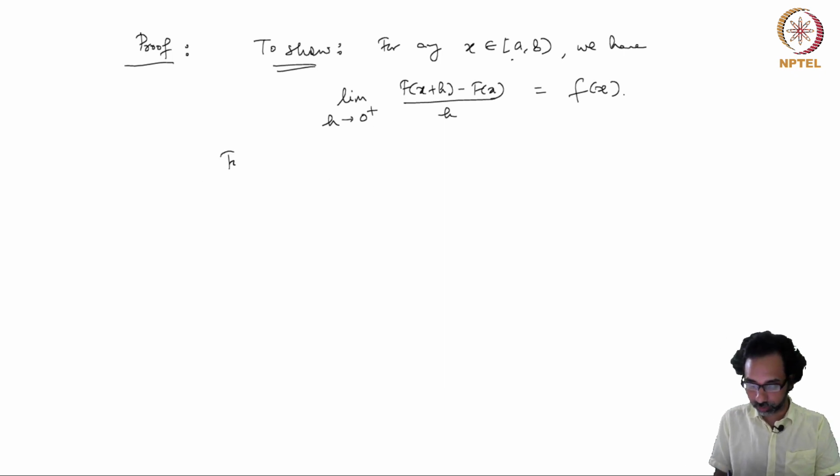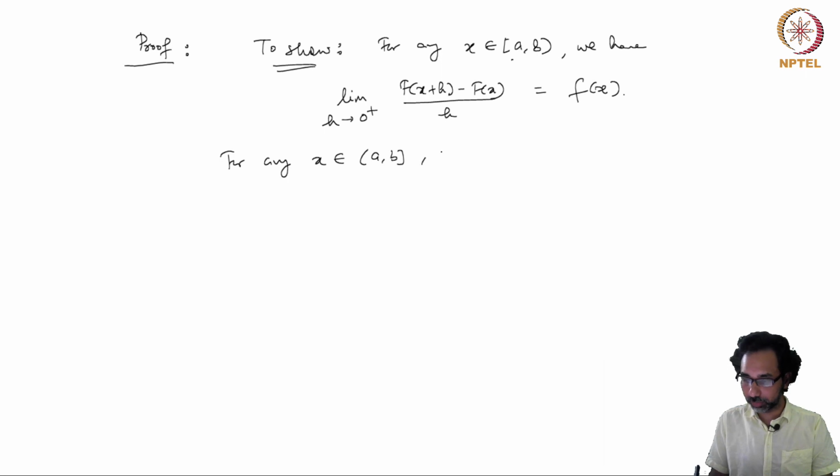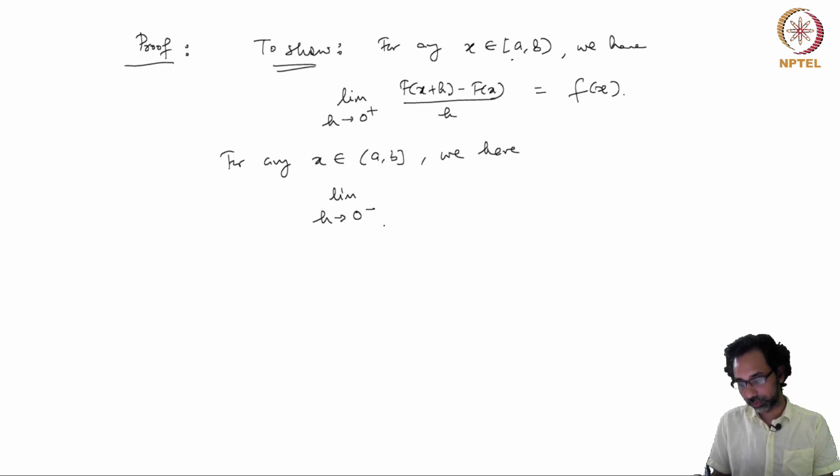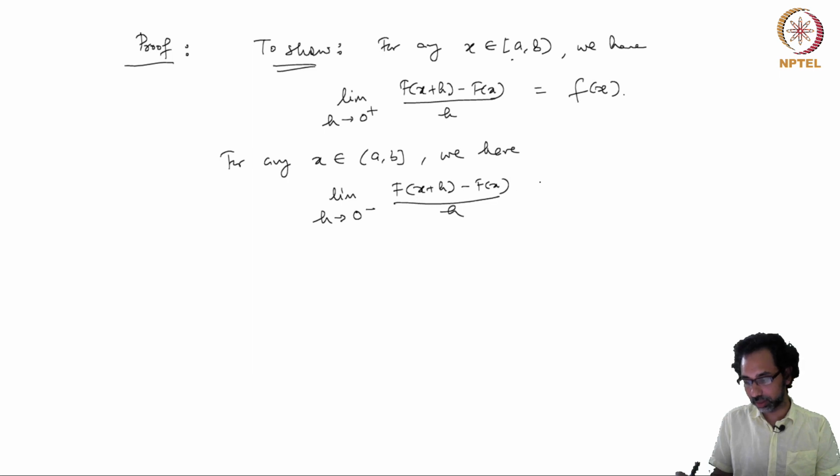Similarly, for any x in (a, b] with a excluded and b included, we should have that the limit as h tends to 0 minus, approaching 0 from the negative side, of (F(x+h) - F(x))/h is equal to f(x).